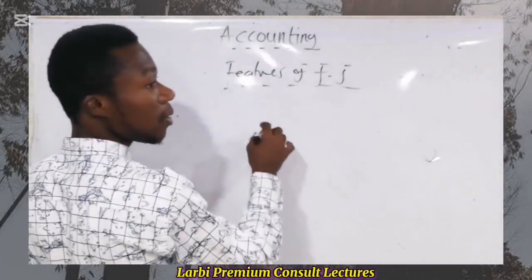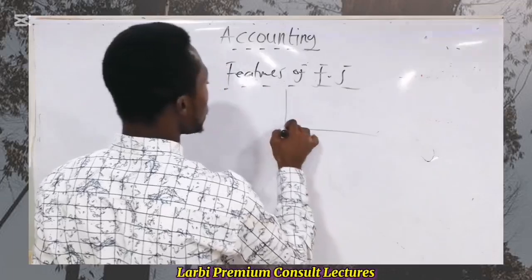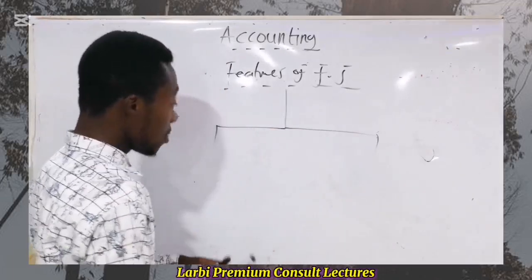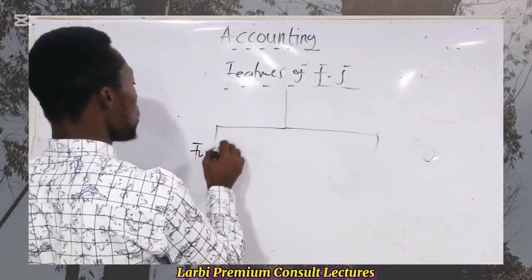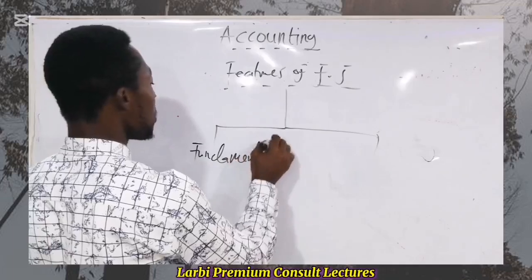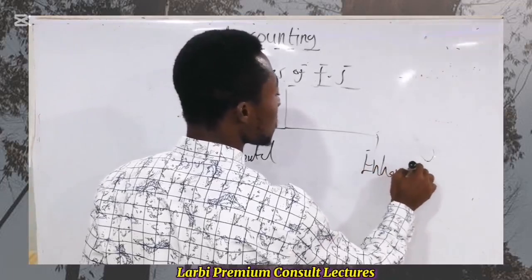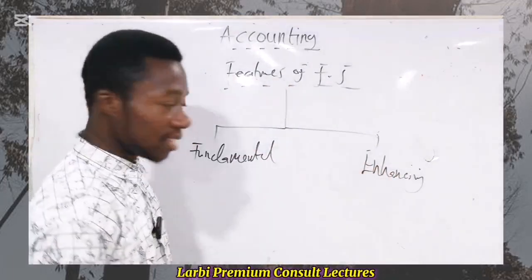We have 2 forms. We have what we call the fundamental qualitative characteristics, and we have what we call the enhancing. So we have the fundamental and we have the enhancing.